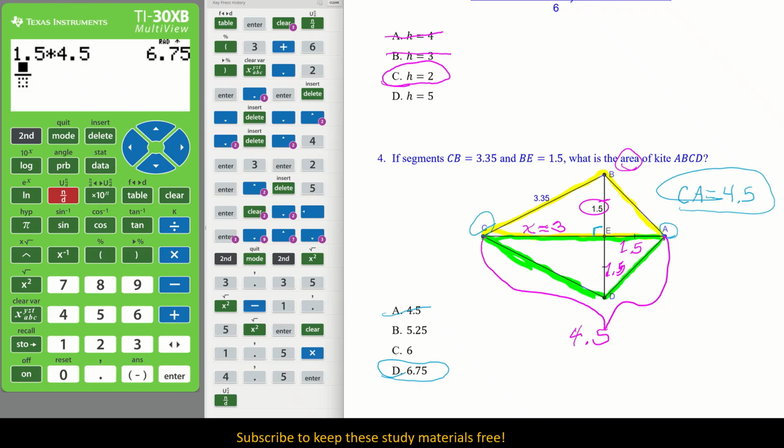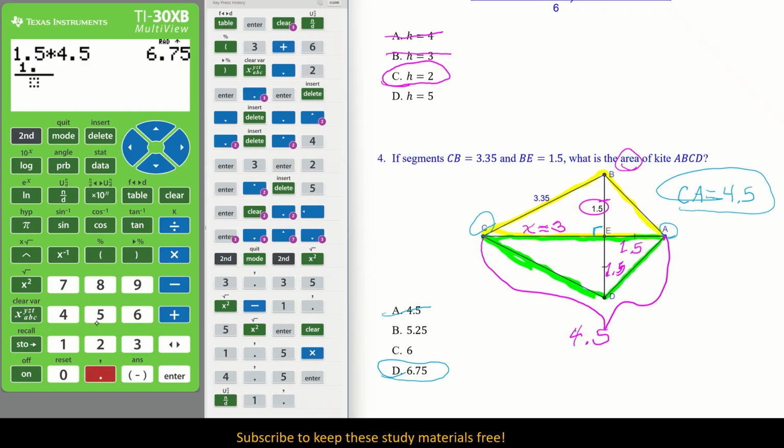So what do we have? We have base times height, so that is 1.5 times the 4.5. Now I'm going to divide that by 2. But that's just the yellow. But it's the same thing for the green. The green and the yellow are congruent, because that's how we define a kite.